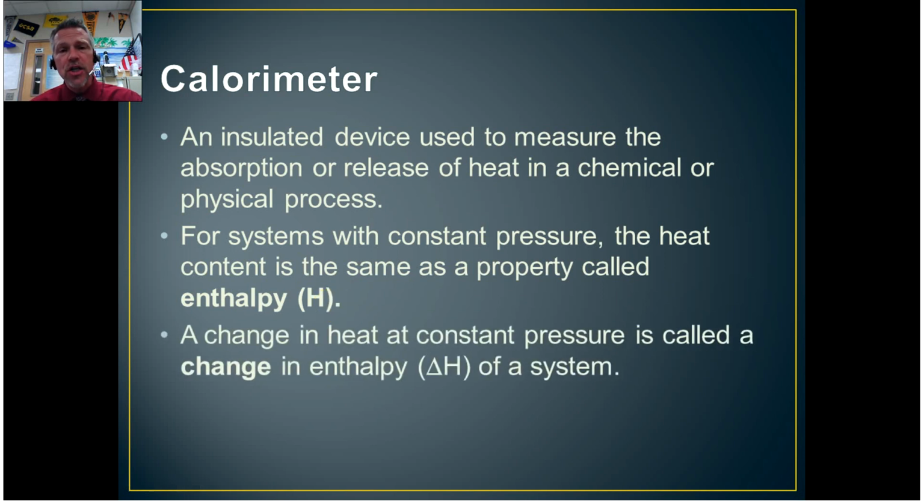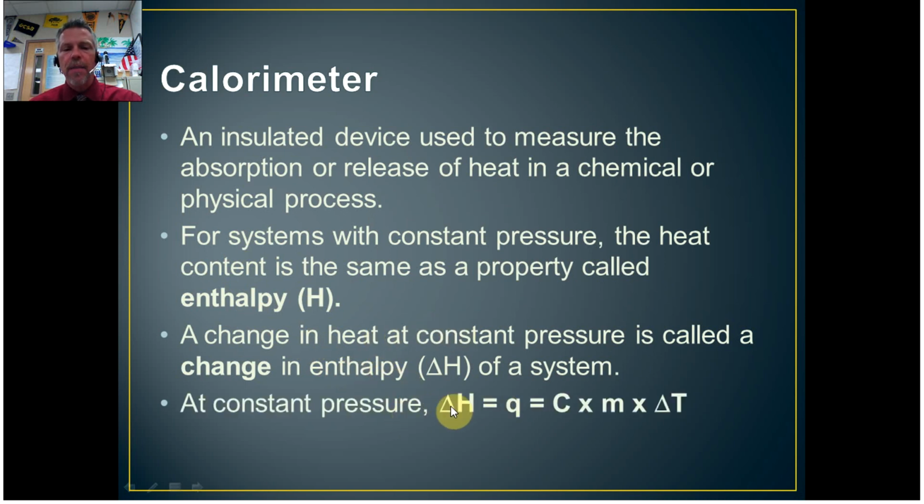And so a change in heat content at a constant pressure is called the change in enthalpy, delta H. Just like delta T was the change in temperature, delta H is the change in enthalpy. And in this constant pressure system, delta H, the change in enthalpy, is the same as Q. So we're really just adding a new name to something that we already learned about.